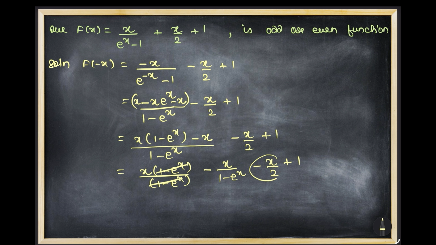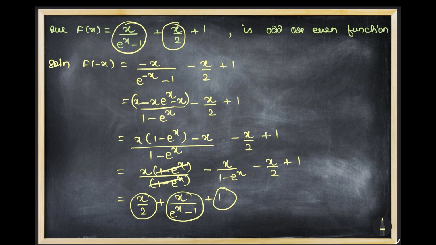So x minus x by 2 is x by 2. I want e power x to be first, so I will take minus common from the denominator and it will become x by e power x minus 1, plus 1.